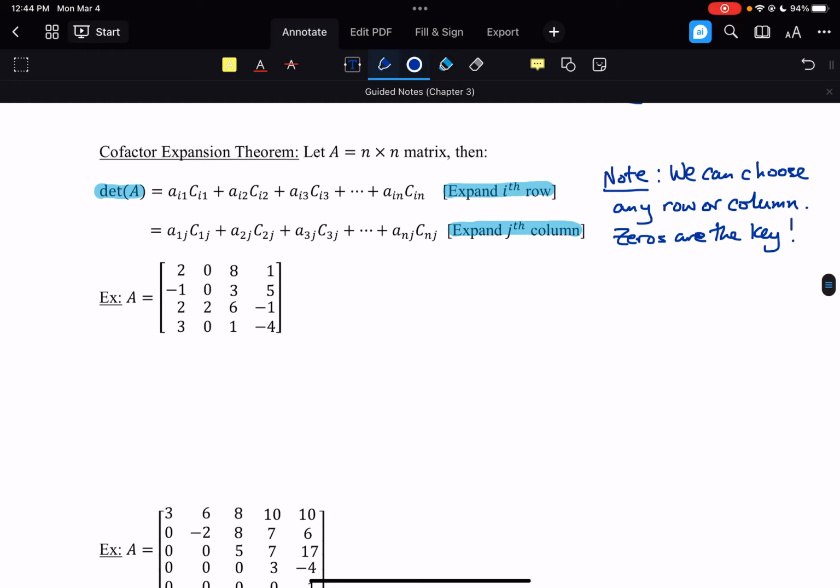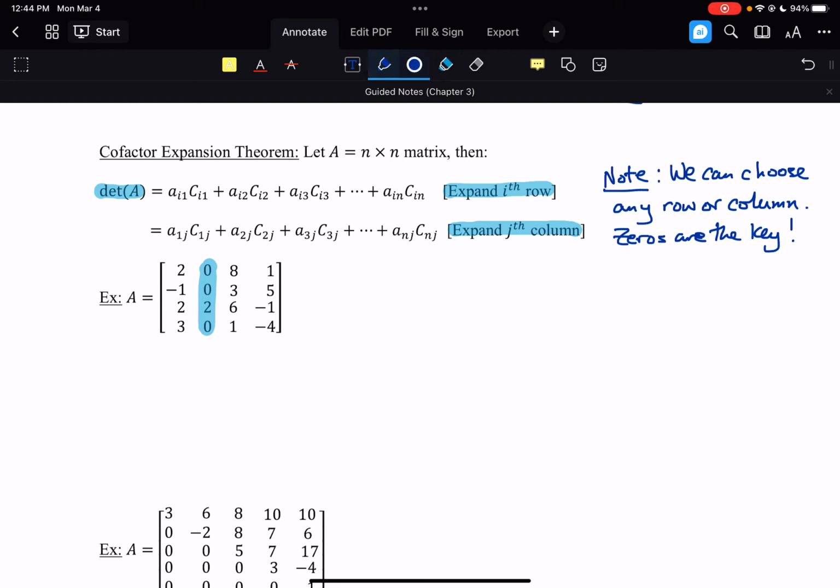For this 4 by 4, we're going to find the determinant using cofactor expansion. We can choose any row or column that we want, and you will get the same answer for all of them. But there is one that is noticeably better than the others, and that's, of course, going to be this second column, because it has a lot of 0 terms in it.